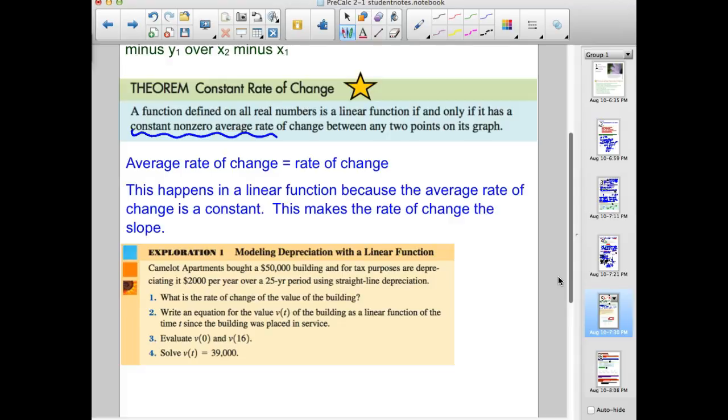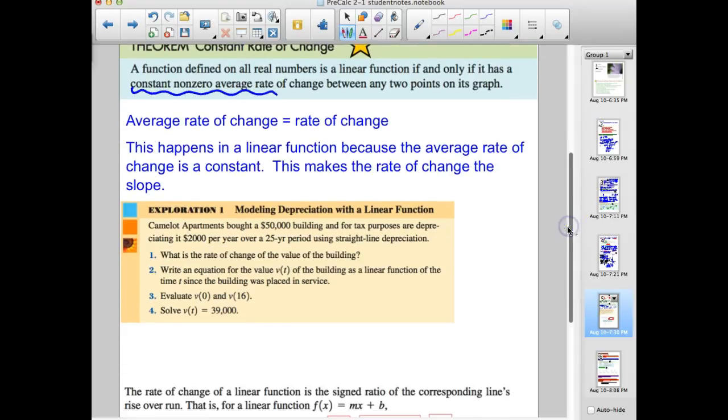Constant and non-zero, because remember, if the slope is 0, you have a horizontal line. That's a constant function, not a linear function. So for a linear function, average rate of change is just the same as rate of change, because it's always the same. And that's our slope.